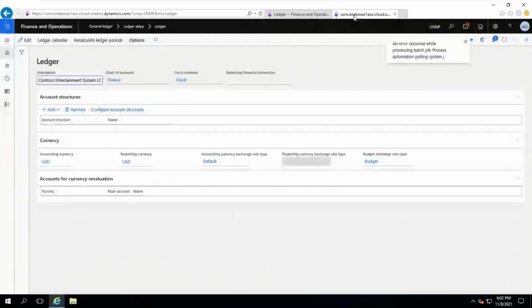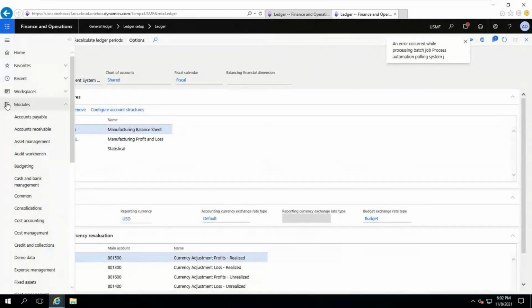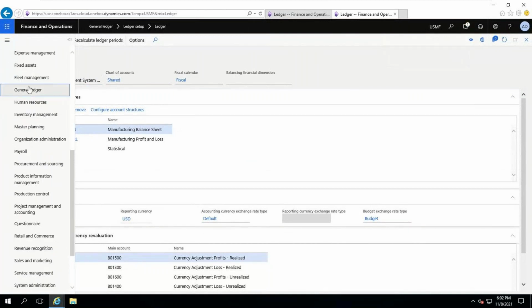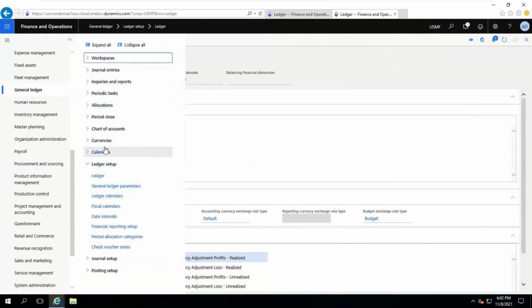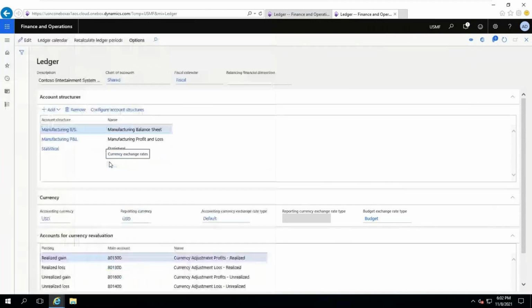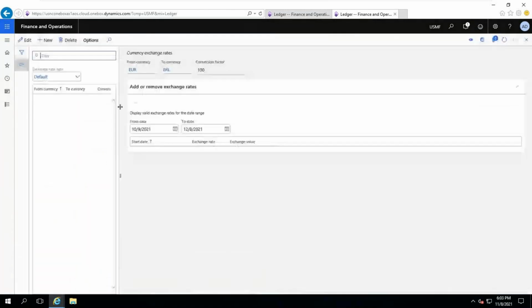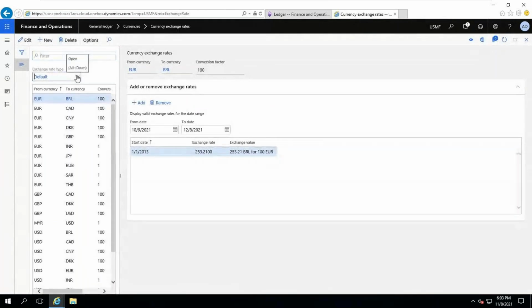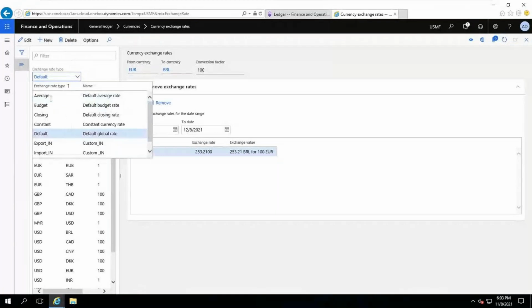In the system I can create so many exchange rates. If you go to general ledger, currencies, exchange rates, currency exchange rates, you have many, like default. You can create different exchange rates.